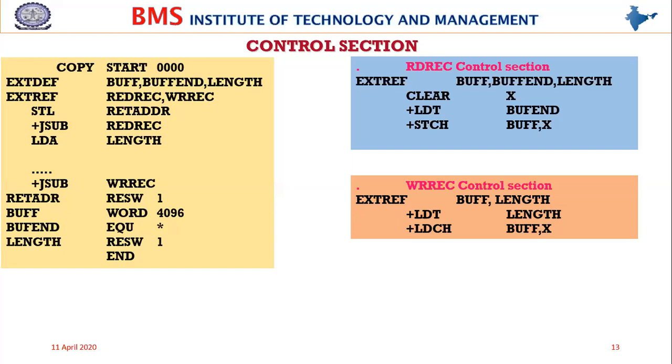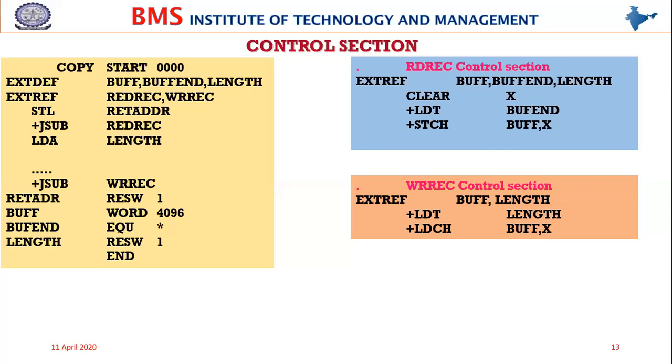These two are the subroutines which do reading the record or writing the record. And you can see in the default control section we have the instruction +JSUB RDREC, which is a format 4 instruction, and similarly +JSUB WRREC, which is also a format 4 instruction, invoking the subroutines RDREC and WRREC.